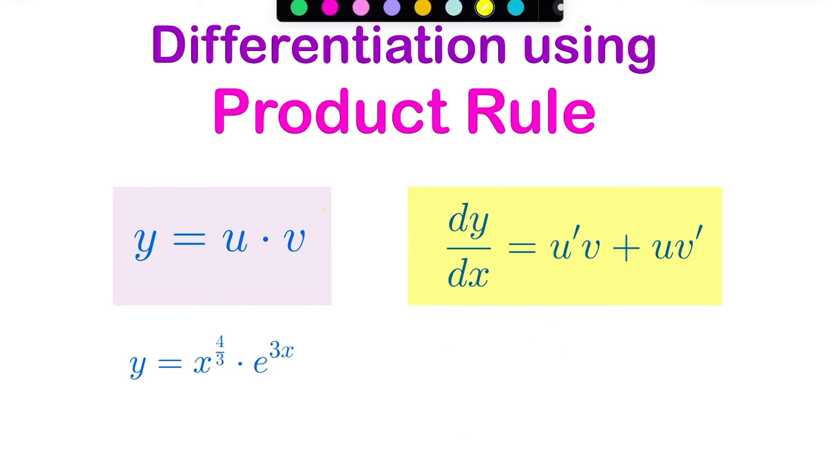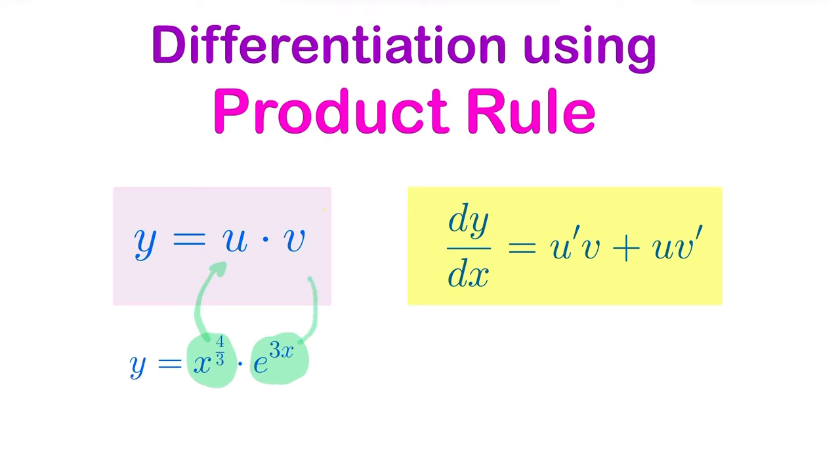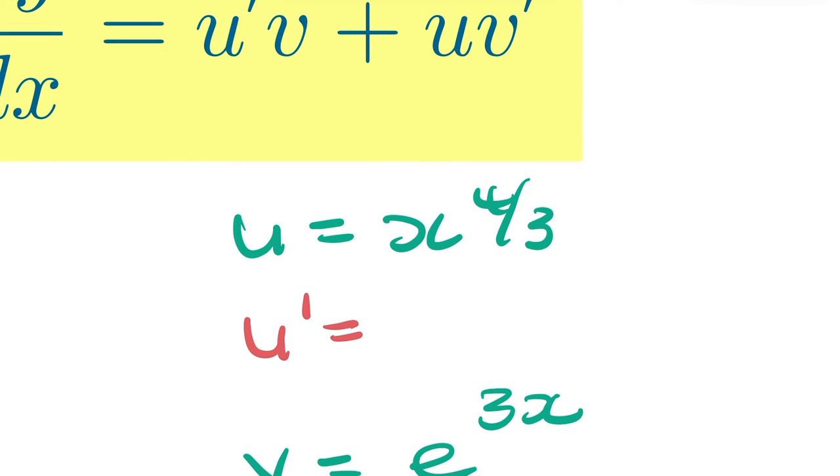And the first thing we do is identify our two terms, u and v, and then differentiate them one by one. So if I say u equals x to the power 4 over 3, and v equals e to the power 3x, I can differentiate u simply by multiplying this power by the coefficient 1.